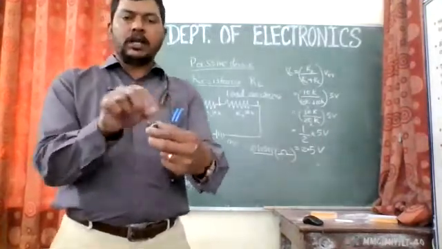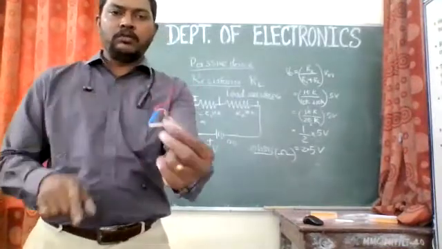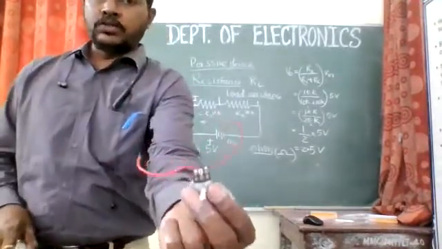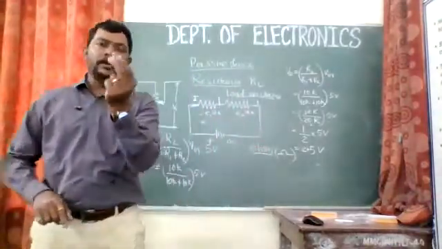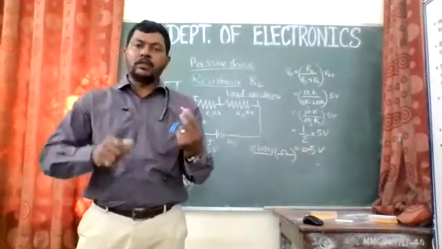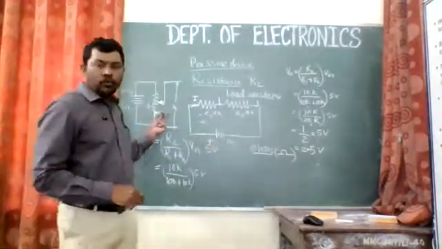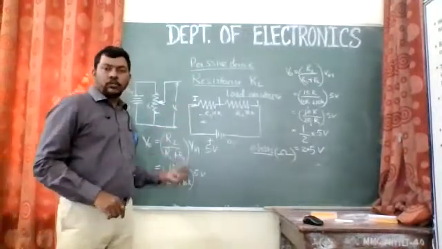These have three terminals, one, two, and the central terminal over here, which I guess is not soldered. This center tapping is going to vary, and accordingly we will have the change in the voltage according to this formula.